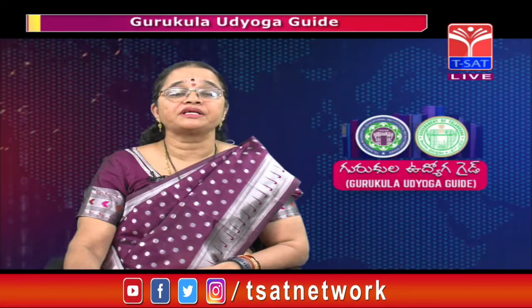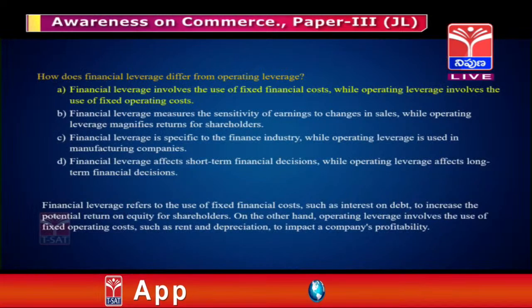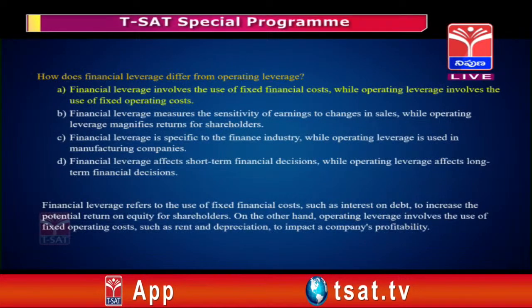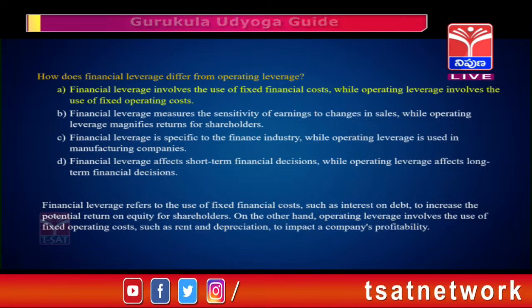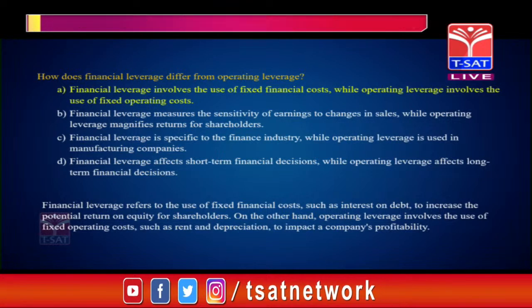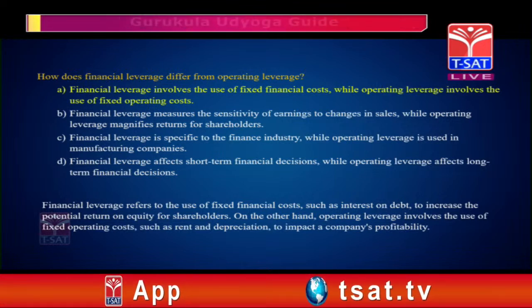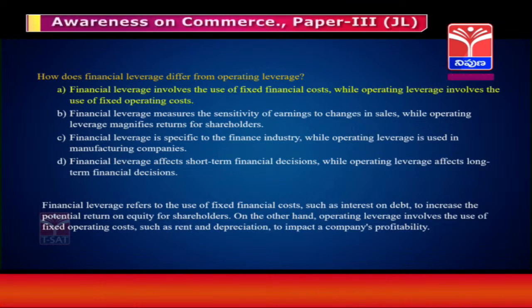How does financial leverage differ from operating leverage? Now we understood a little bit about the capital budgeting decisions. Let us also look into the leverage things. What is financial leverage? Financial leverage basically talks about the use of fixed financial cost, such as the amount of interest which is being paid on the debt, to increase the return on the equity for shareholders.